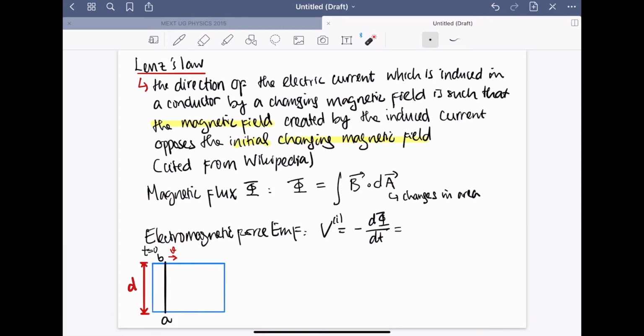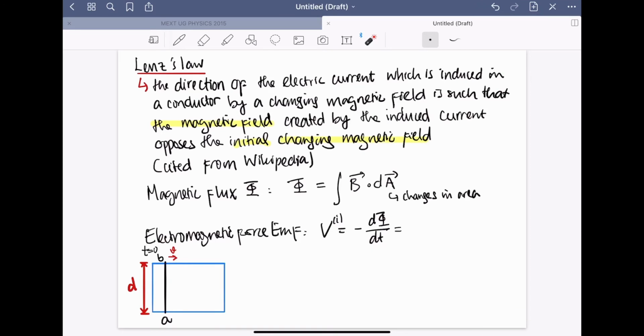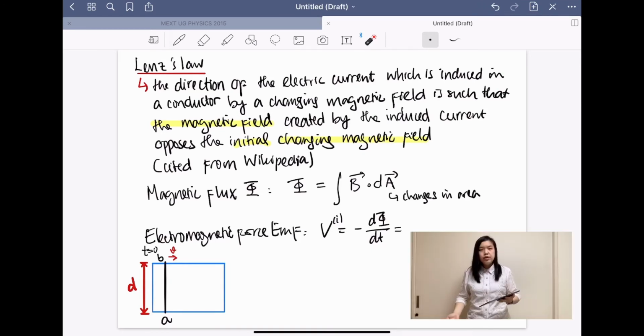Okay, you know what? I will tell you an easier way to remember it. The system doesn't like being stagnant, it doesn't like changes. So if the B entering the system is increasing, the system doesn't like changes, so the system will generate an induced magnetic field to oppose the original magnetic field, in the opposing direction.